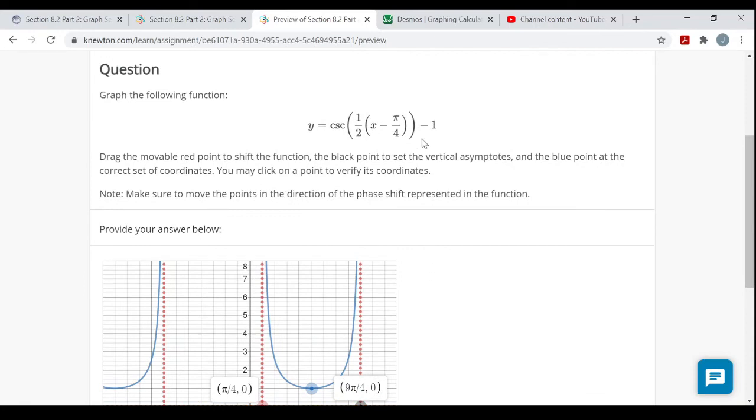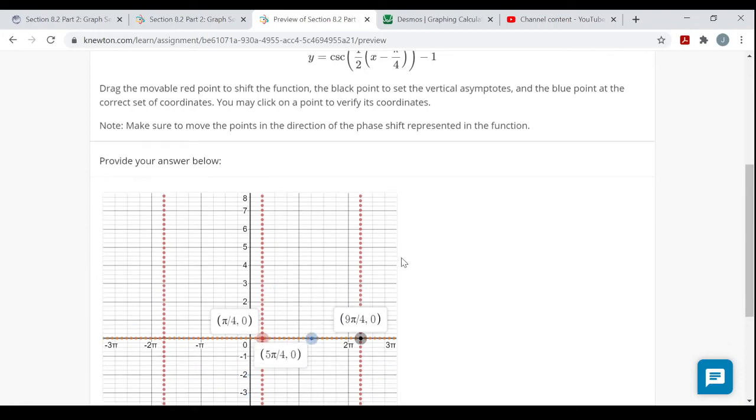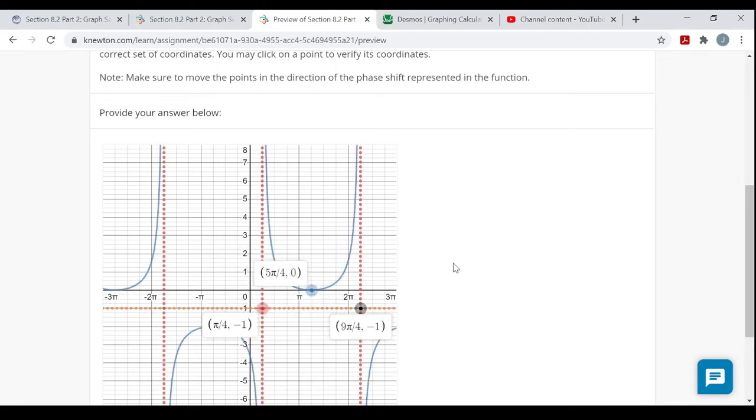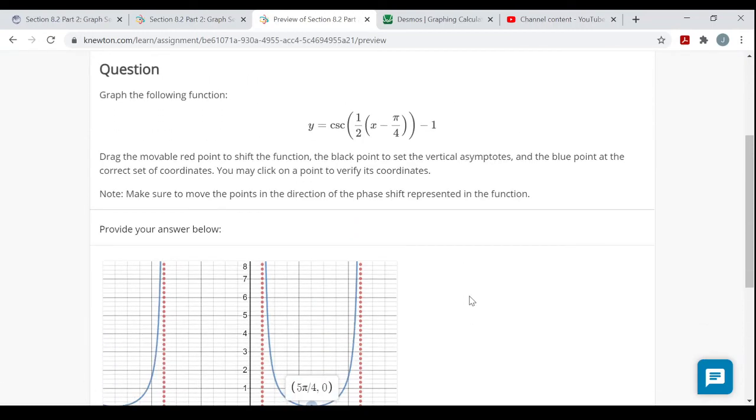And then the outputs: the hills were at 1 here, right? You see how this is at an output of 1, and these have an output of -1. Everything gets shifted down 1 unit. So I'm going to shift this down 1 unit, and I should shift the middle down 1 unit as well. Shift everything down 1 unit. Okay, there we go.